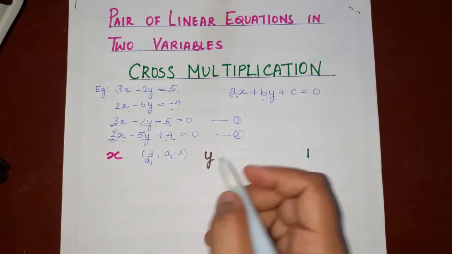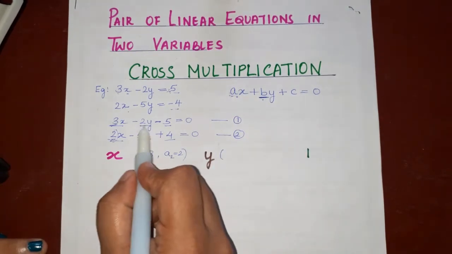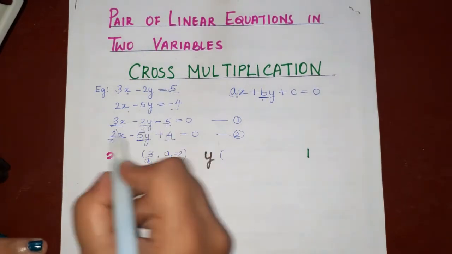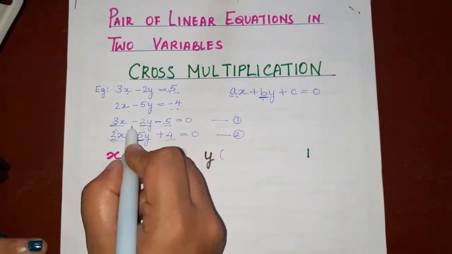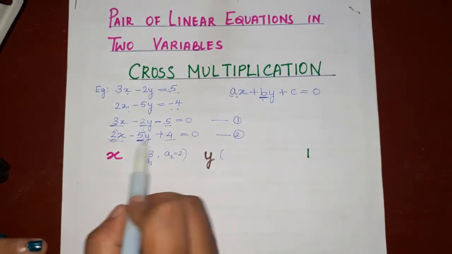Similarly for y, the number associated with y is denoted as b, so these numbers are nothing but b. This is from my equation 1, so I'm going to mark everything as 1. This is from my equation 2, so I'm going to mark everything as 2.